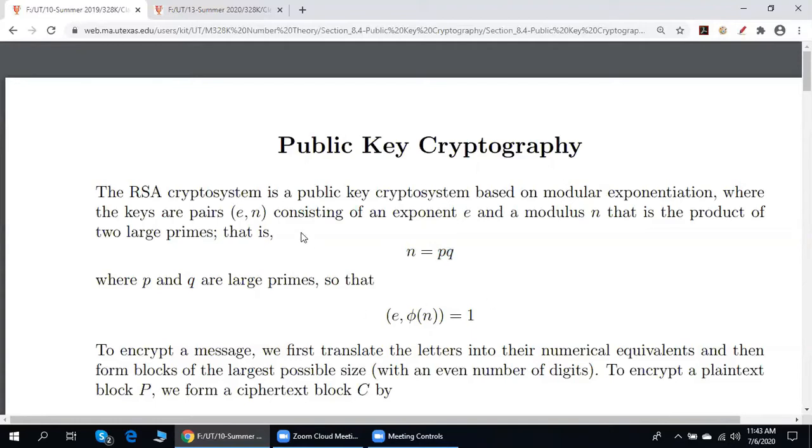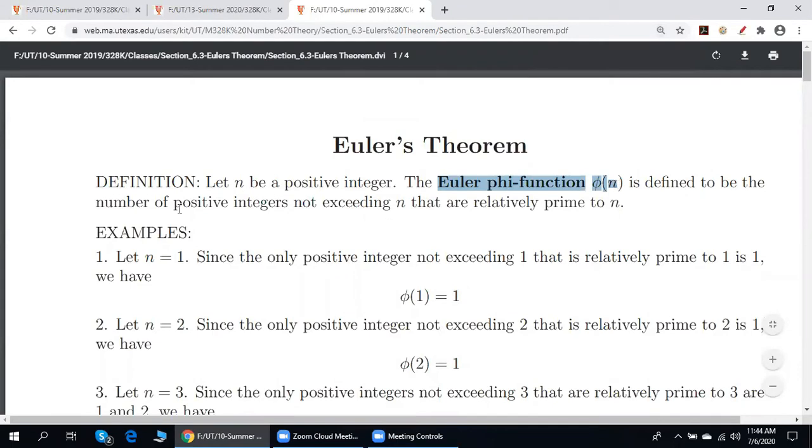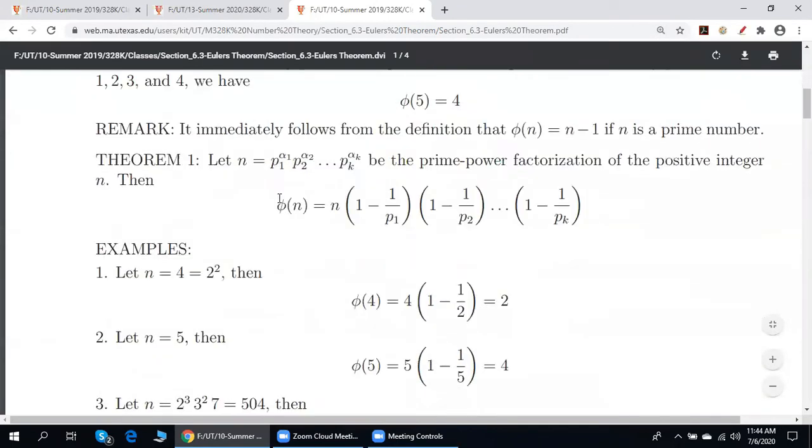Next, the number E satisfies the following property. E and phi of n are relatively prime, where phi is Euler's function. Let me remind you what Euler's function is. It's over here. This is the definition, and here is the formula.